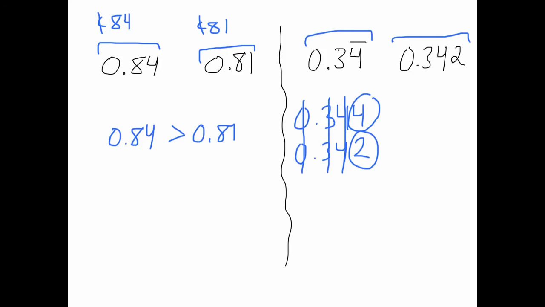So 0.34 repeating is greater than 0.342. I could have done that with 0.84 and 0.81. If I line them up, I'm looking for the place value that helps me determine which one's greater. They both have 8 in the tenths place. The 4 is bigger than the 1, so that's what gave me 0.84 being greater.